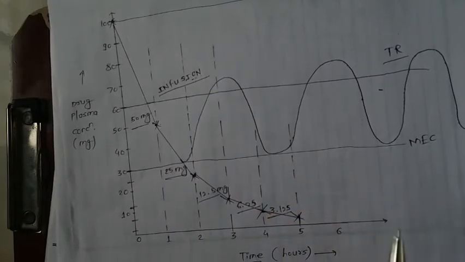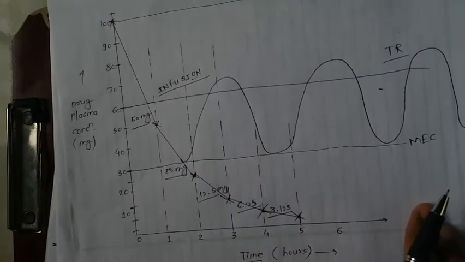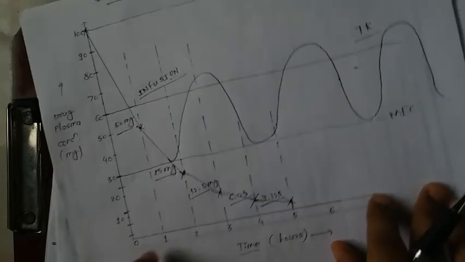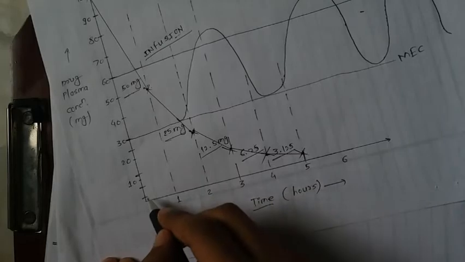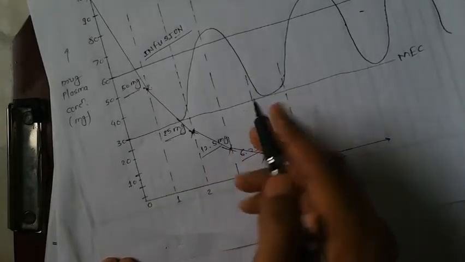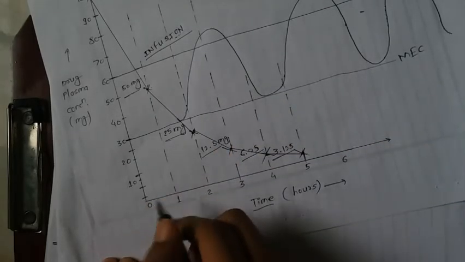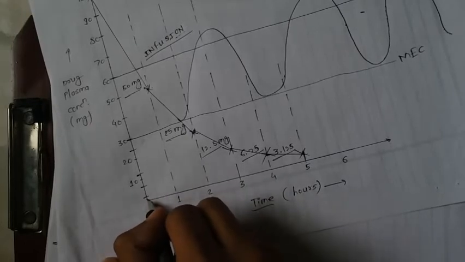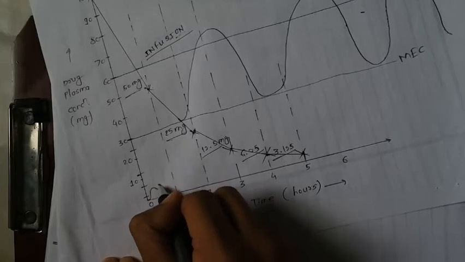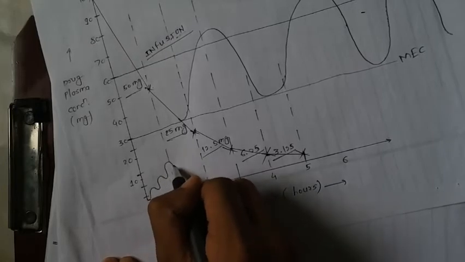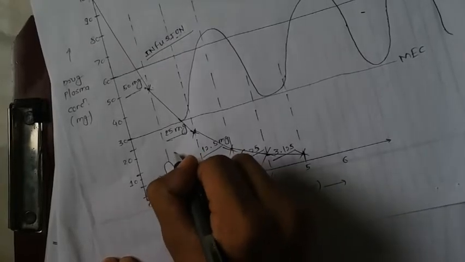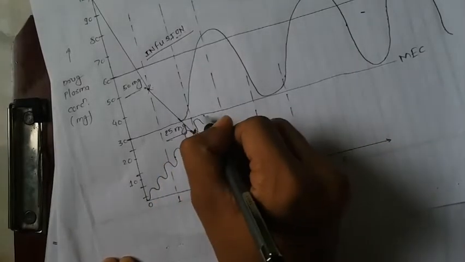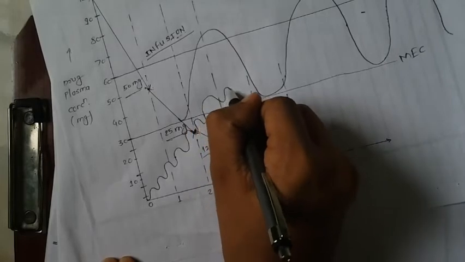But when we take the drug orally, that is by oral administration, to reach the concentration of the drug in the therapeutic range, it takes 3.3 half-lives. So when we administer the drug orally, it will absorb and it takes 3.3 half-lives to reach the therapeutic range.